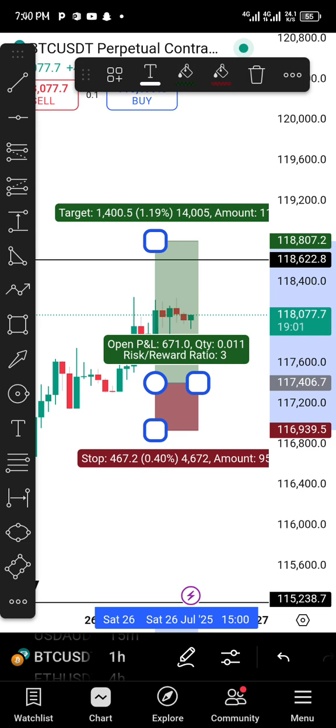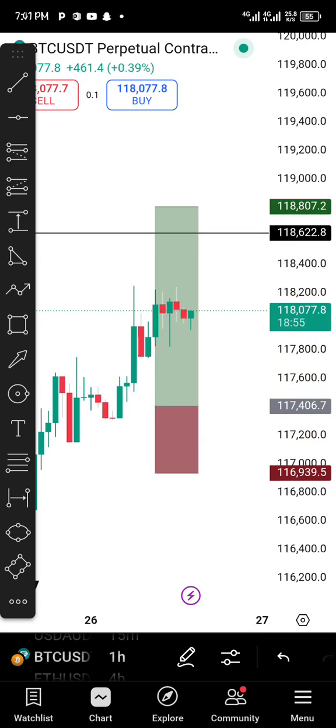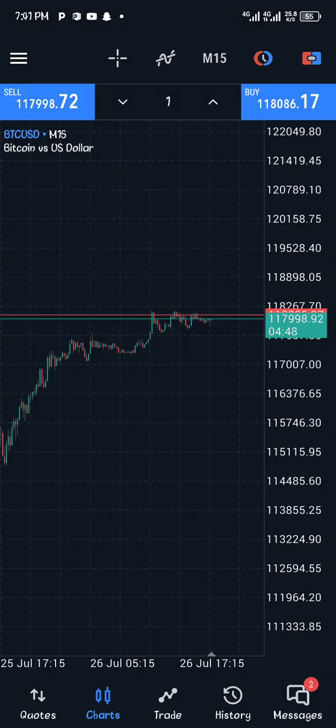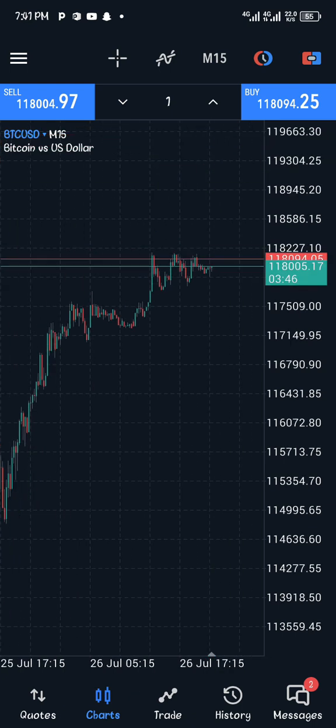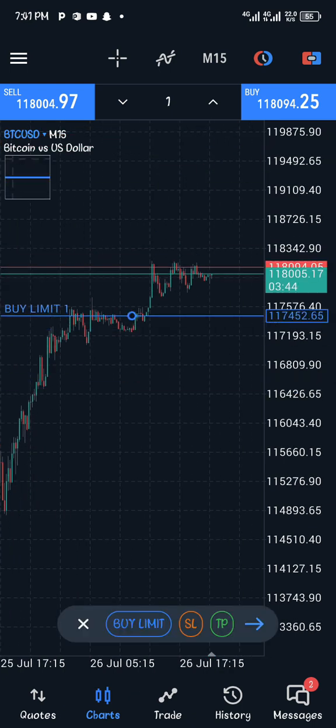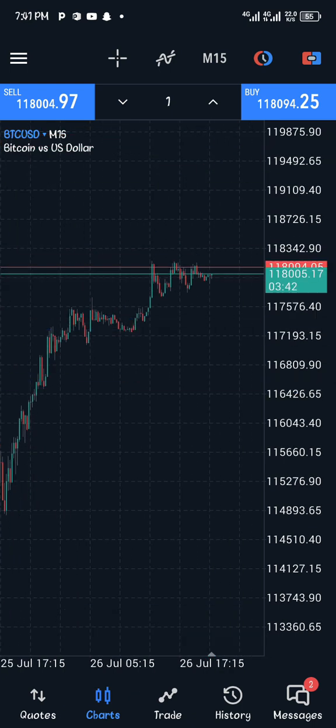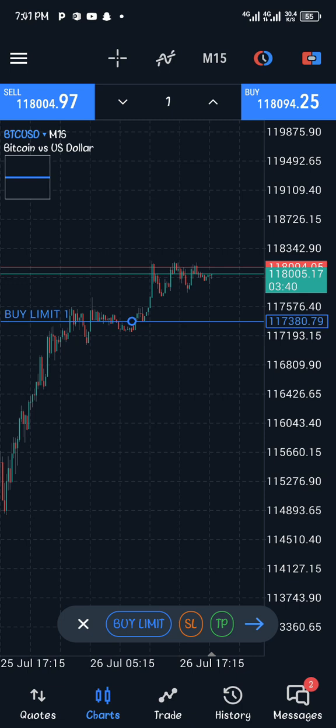It means whatever I'm risking here, I'm expected to make 3 times of it. Now let's go to here and we put our SL, limit order, SL and everything. Remember, this is not a valid trade. I'm just using this to show you guys how to do this.